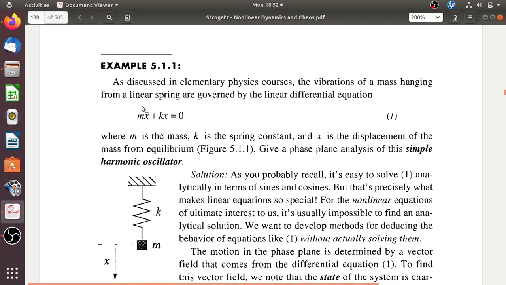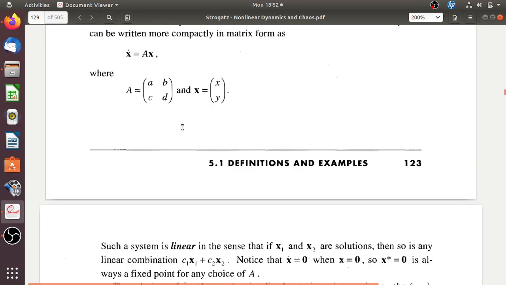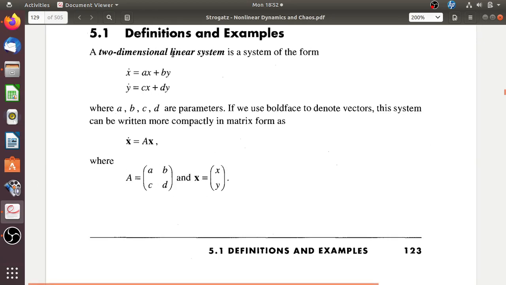Now this is a governing differential equation, and we are going to see how to write this equation into this form or this form.